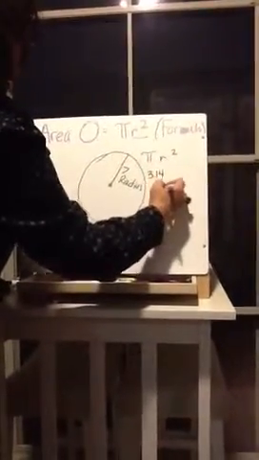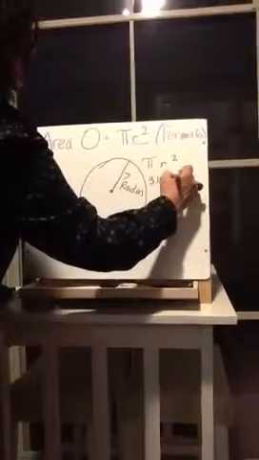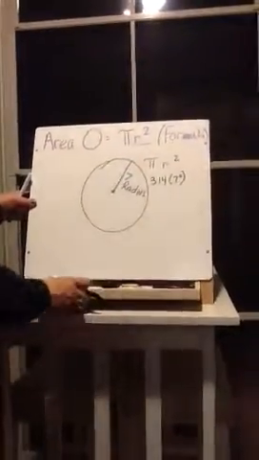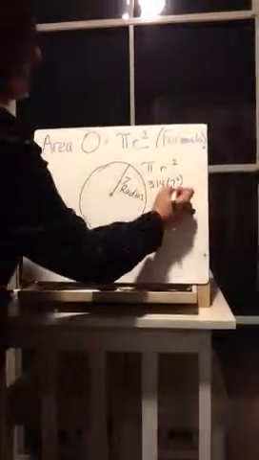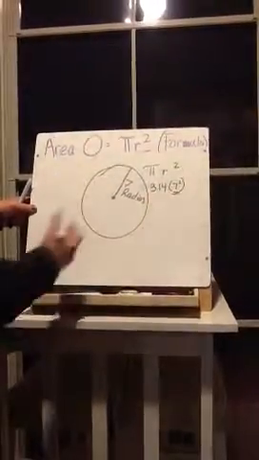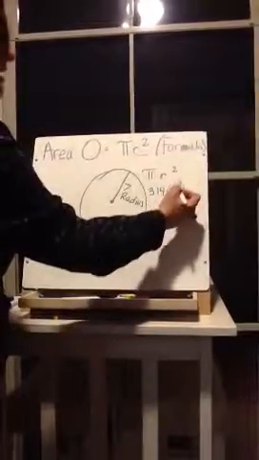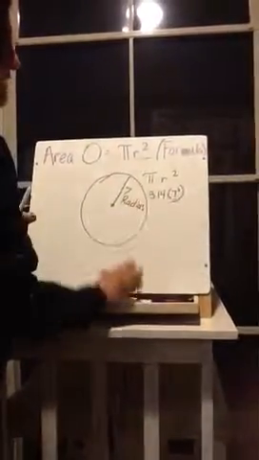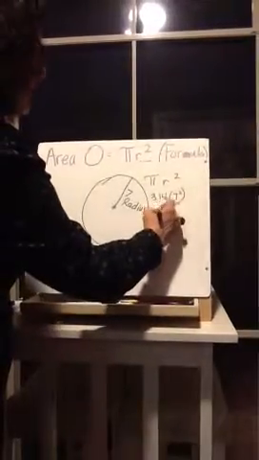That's the formula. And we're going to say pi is 3.14. You know that. The radius is 7, and we're going to square it. And you know from order of operations that you have to do the parentheses first, and the exponent even before that. So the exponent, 7 squared, don't say it's 14, it's 49.